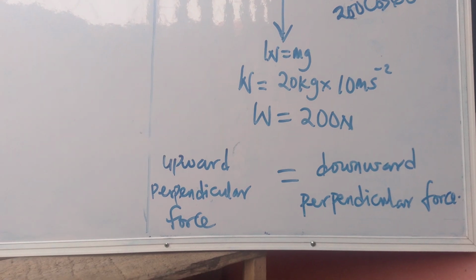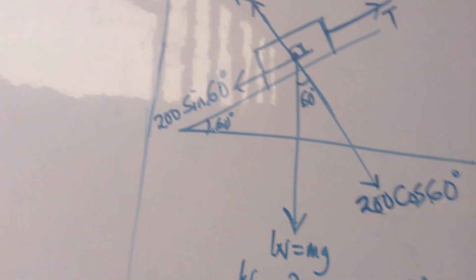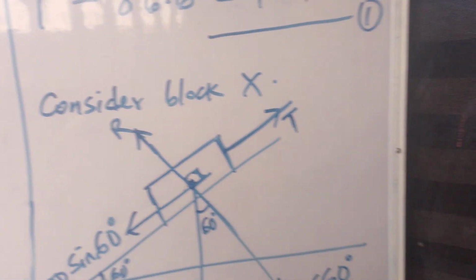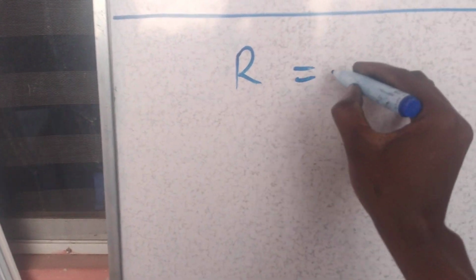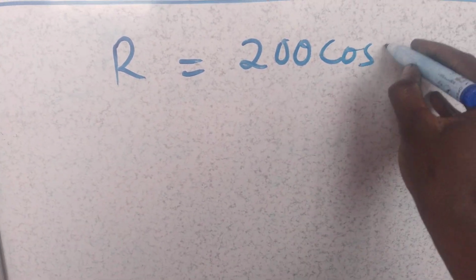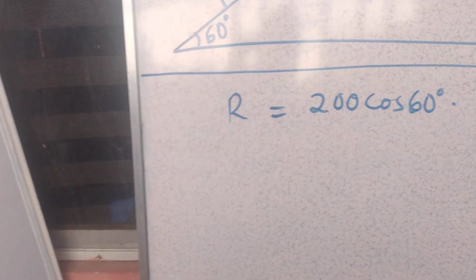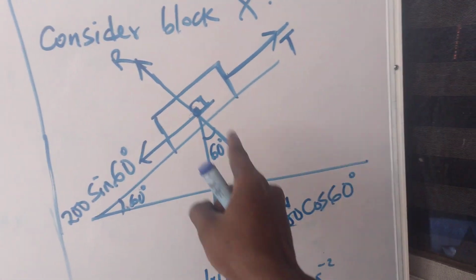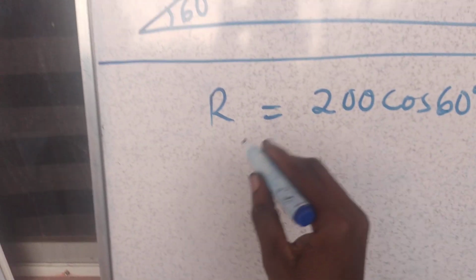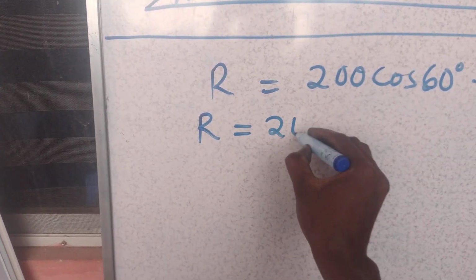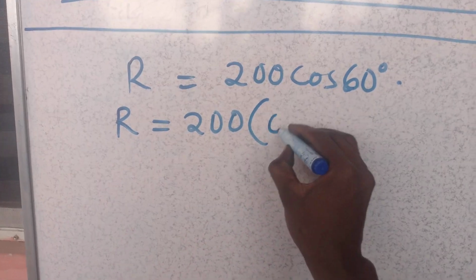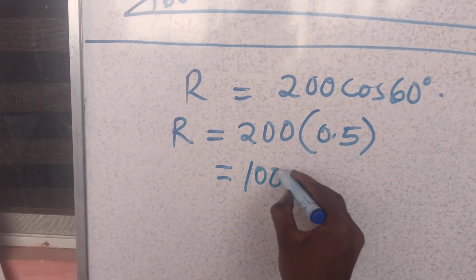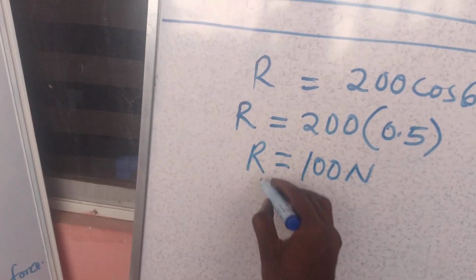So my normal reaction will be equal to 200 cos 60 degrees, which is 200 times 0.5. That will give me 100 newtons. This is my normal reaction.